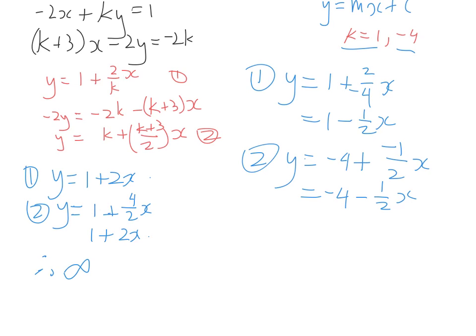So what do we see happening here? Well, we've got the same gradient, -1/2. We've got a different y-intercept. So over here we have no solutions. Now, when k equals 1, we have an infinite number of solutions. When k equals -4, we have no solutions.